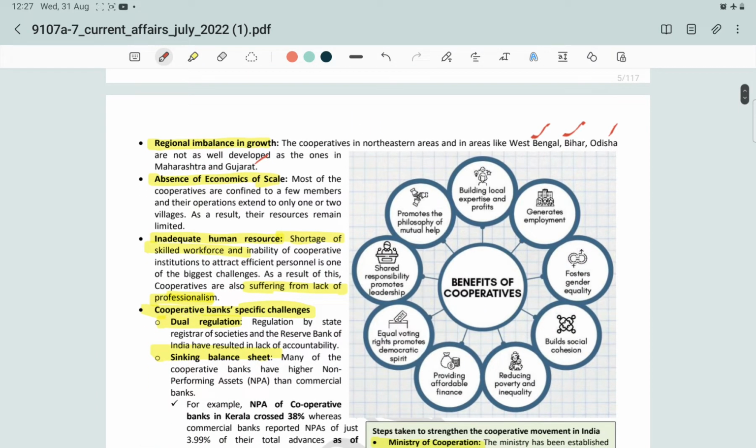Inadequate human resources: there is a shortage of skilled workforce and it hurts the efficiency of the cooperatives, and it resulted into a lack of professionalism in most of the cooperatives.